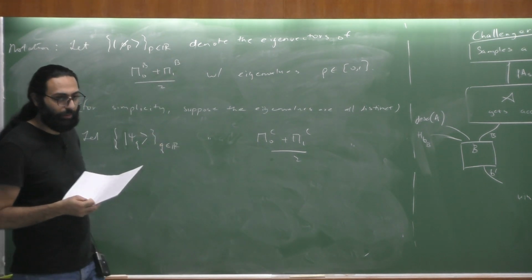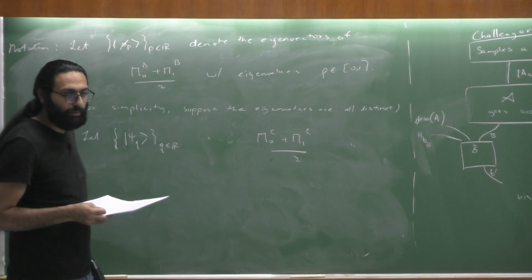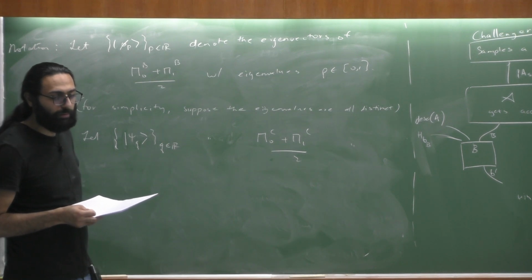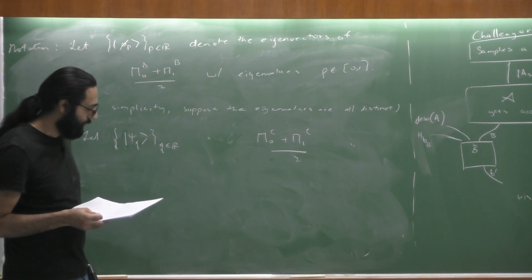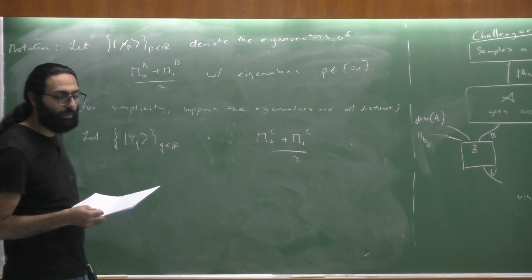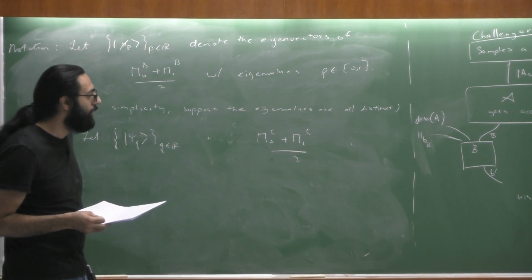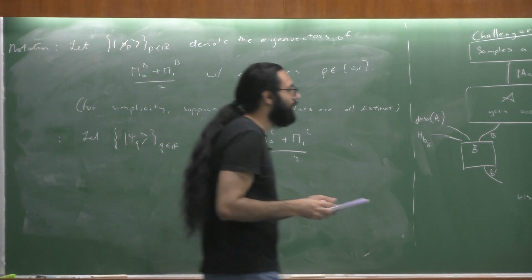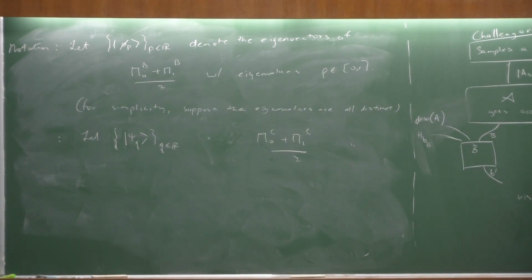Sorry, what was the question? If I forget about the 2, I divide by 2, then pi 0b plus pi 1b is a projector, right? Here they are orthogonal. Why are they orthogonal? Because you apply a unitary onto orthogonal states, they remain orthogonal. No, it's not the same unitary, right? With pi 1 you're given access to h1. This is what I was saying.